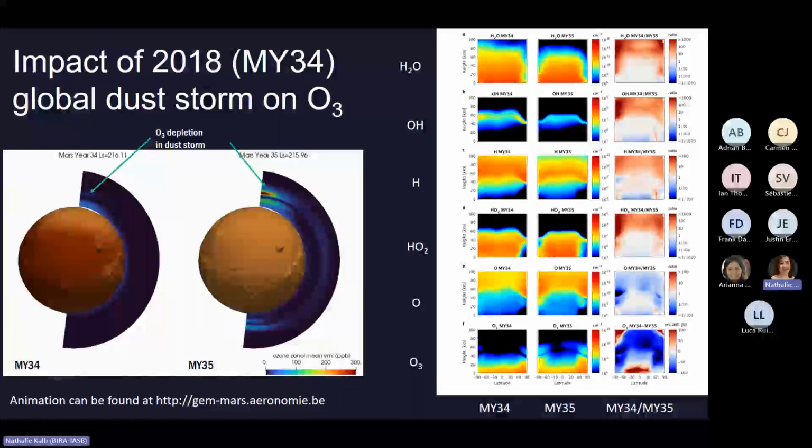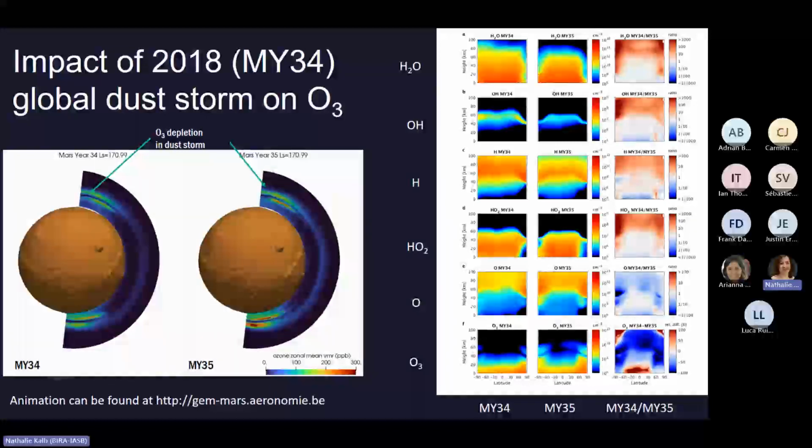When it gets up there, it photodissociates and you get these HOx products. This takes away the oxygen, which then reduces the amount of ozone, because oxygen is being taken up and is not available to form ozone up there. So it's just kind of a cool use of modeling to connect the dots.